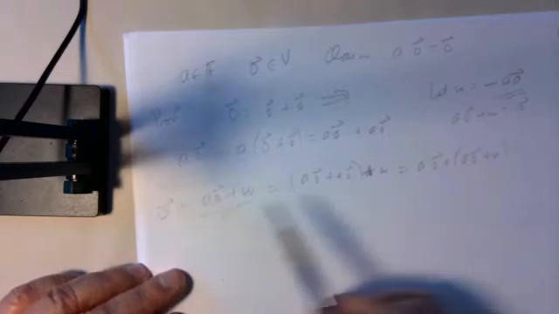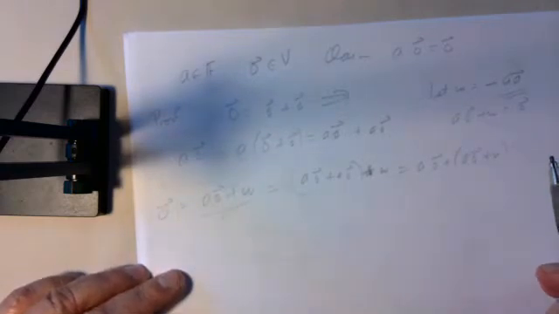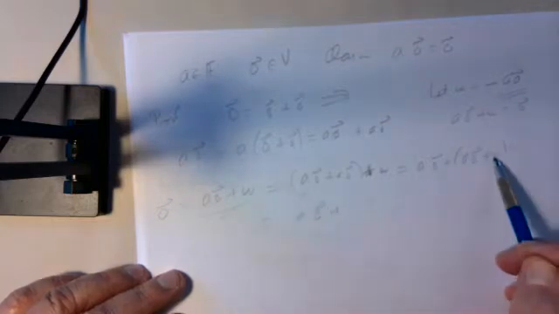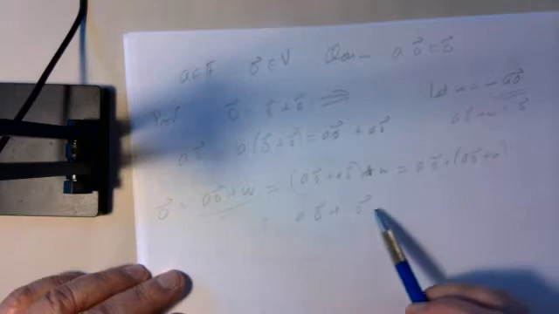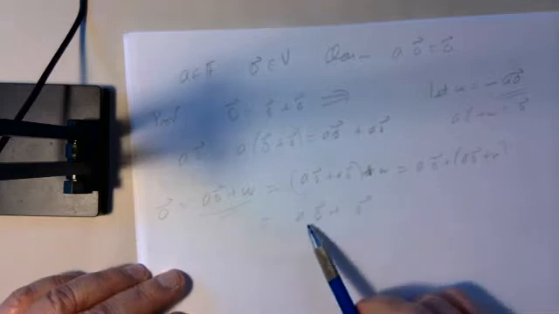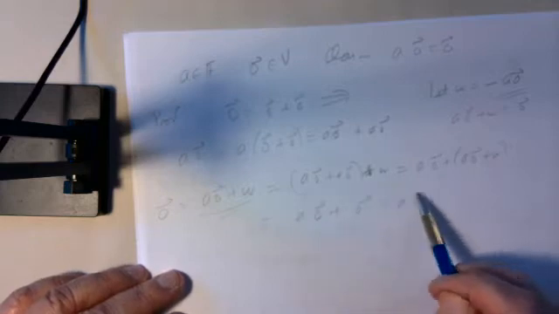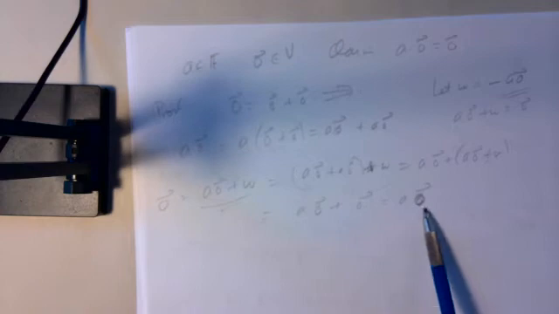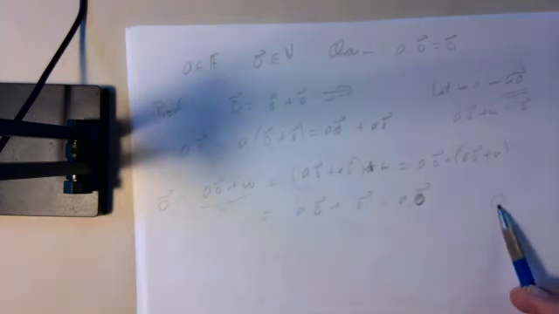So this is the zero vector, and this is the zero vector. And the zero vector added to anything is the anything. So this is a times the zero vector. And if you look at this, what you see is a times the zero vector is still the zero vector. So that's a nice proof of this.